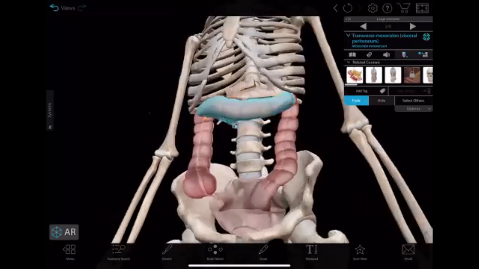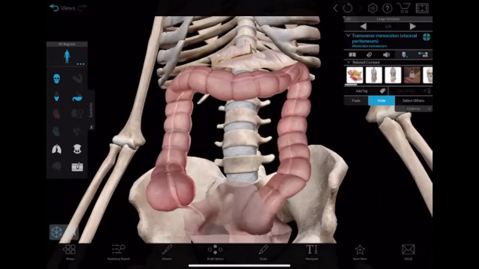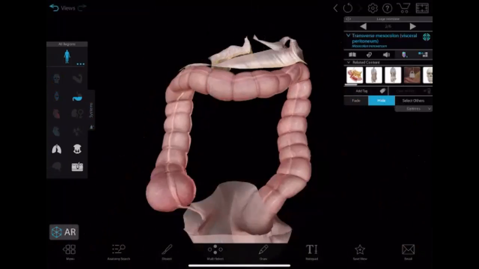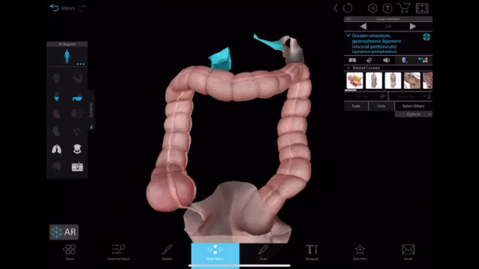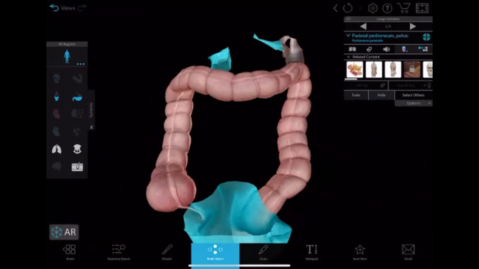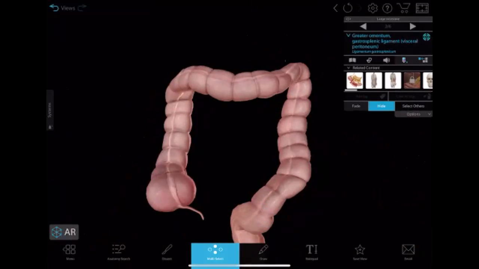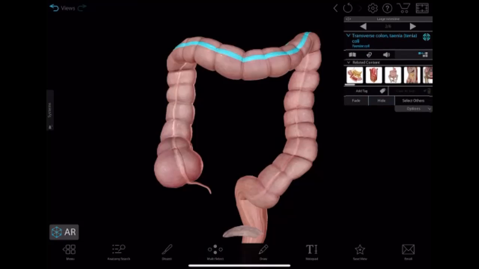You can see that. You see, the band is the muscularis layer, right?